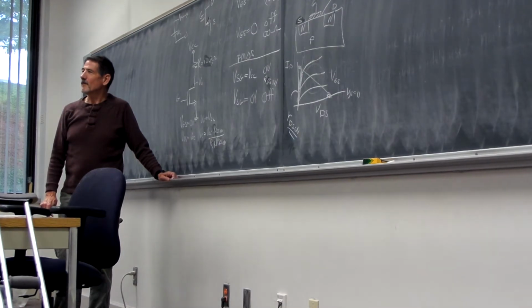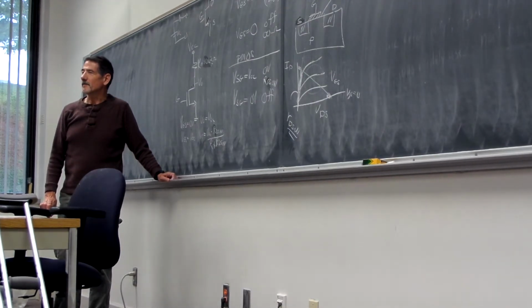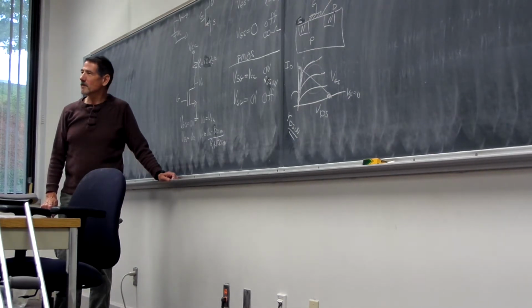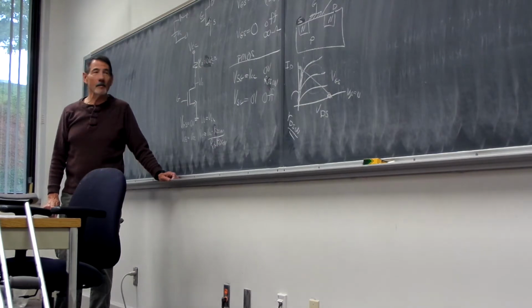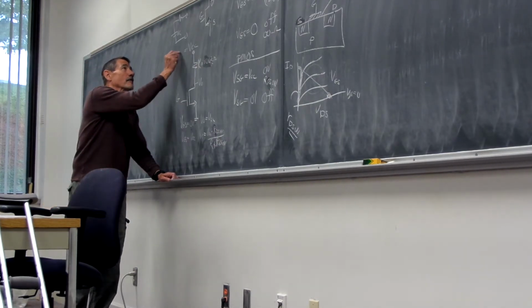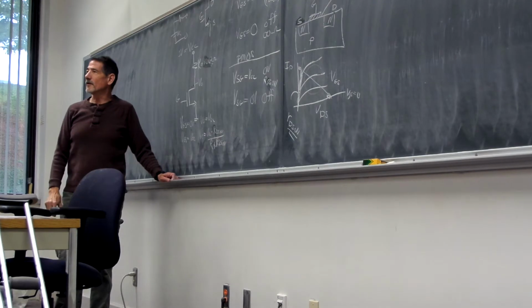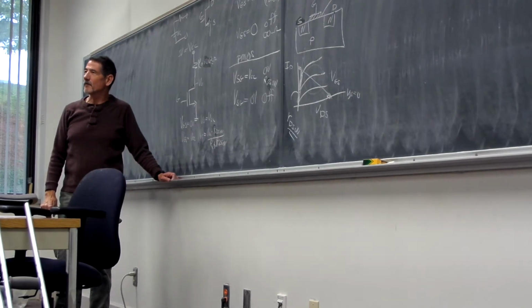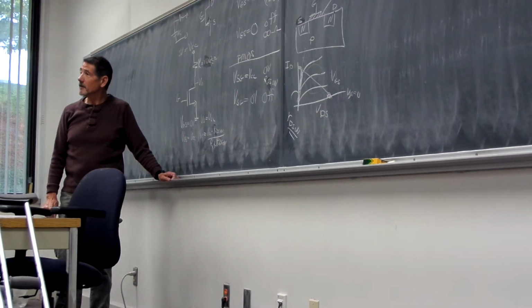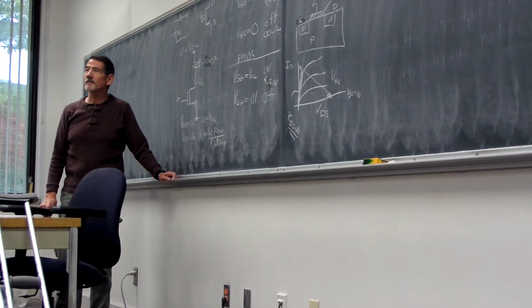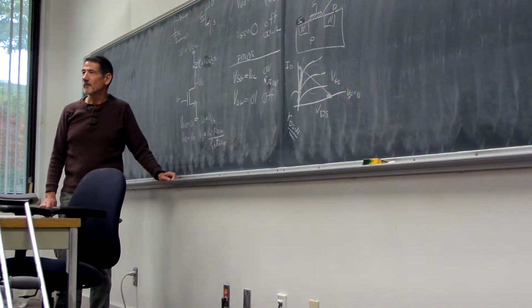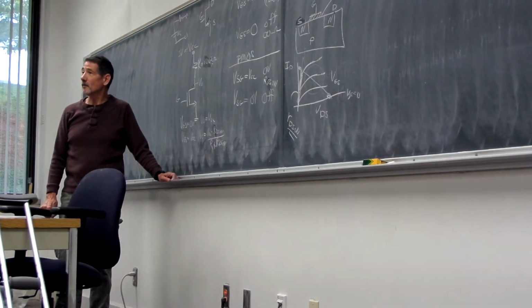Do 400 divided by 1,004,000 and multiply that by, let's let this be 5 volts. What do you end up with? About 0. Everybody okay with that?